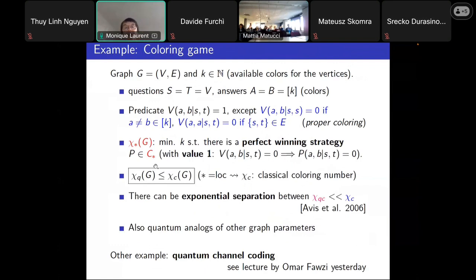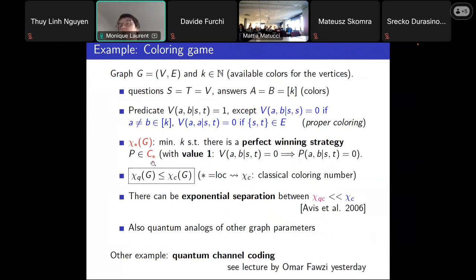Now the intuition is actually this: very roughly said, in the quantum number you are using more resources than in the classical case. So sometimes it may happen that you are more lucky in the quantum. Another way I can explain this is, it's defined as the minimum k for which there is a perfect winning strategy P in the set of quantum correlations.